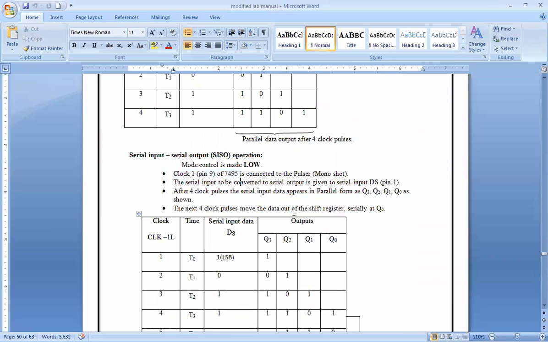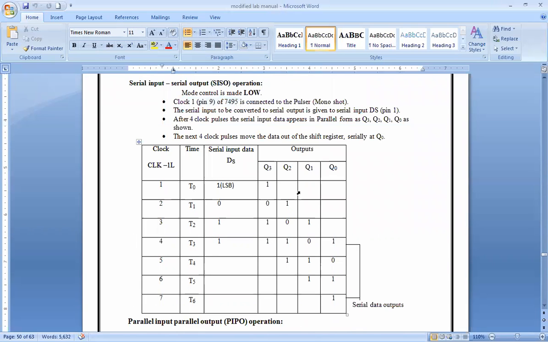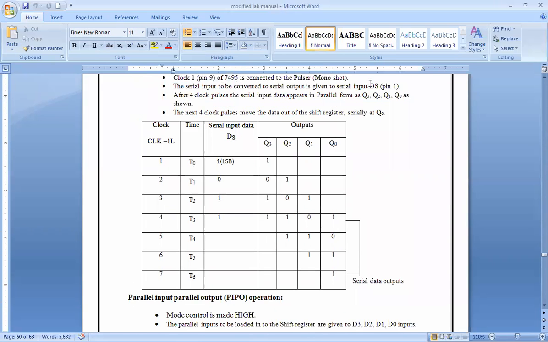The serial input is to be converted to serial output, which means I have to enable my DS pin, the serial data pin. After 4 clock pulses, you will have the parallel output, which means at T3 you will have all the bits here. But to convert it to serial, you still need to shift.